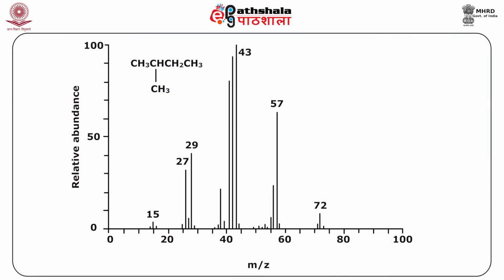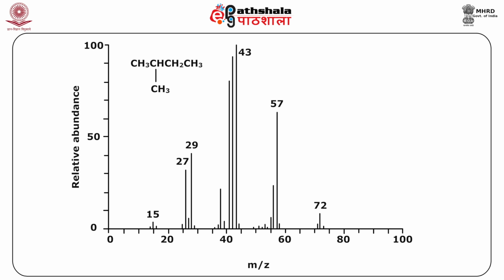The molecular ion of 2-methylbutane has an m/z value of 72. The spectrum shows a very small peak at m/z equal to 73. As you can see in the figure, this peak is called M+1 because the ion responsible for it is 1 unit heavier than the molecular ion.